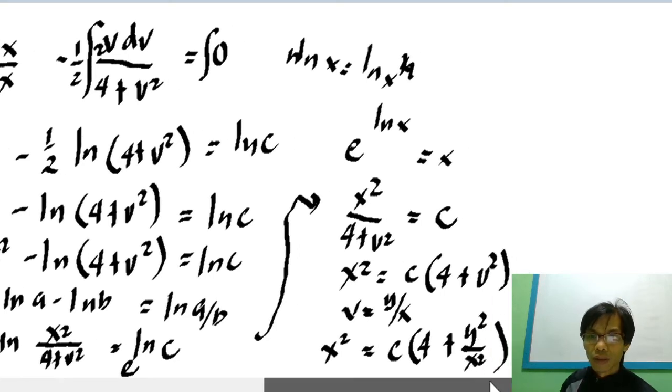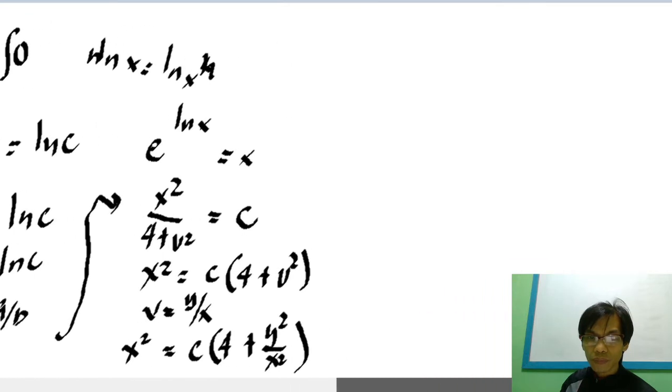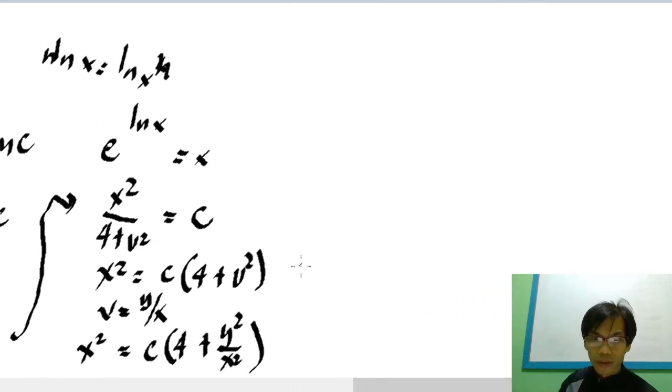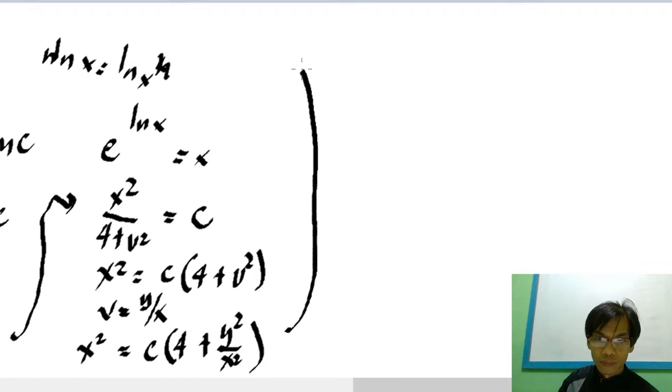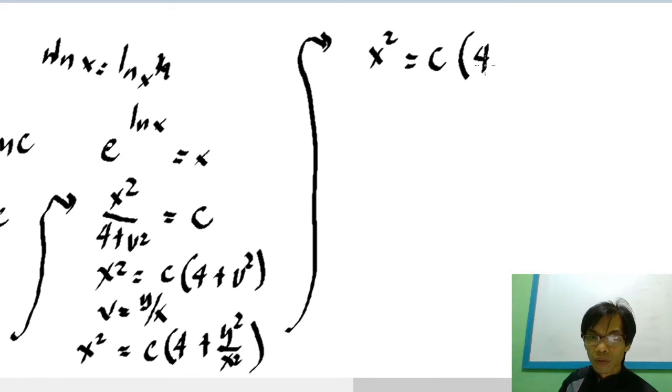To simplify that further, we have x squared is equal to c times the quantity 4x squared plus y squared over x squared.